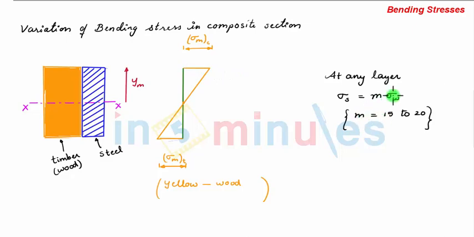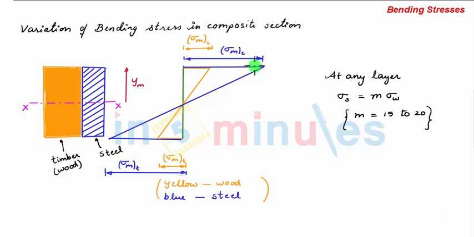So we have this larger line which denotes the stress in the steel at the extreme top layer, which is sigma max of compression, and correspondingly at the extreme bottom layer we have sigma max of tension, which is also greater than the sigma max of tension in the wood, and at the neutral axis the stress will be 0 and the variation will be linear.